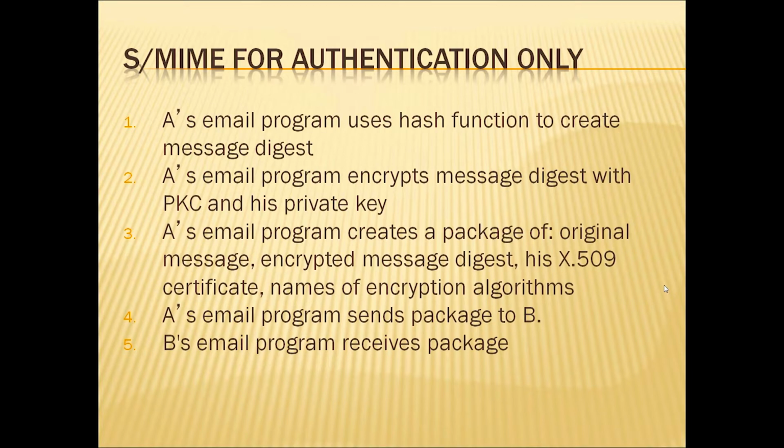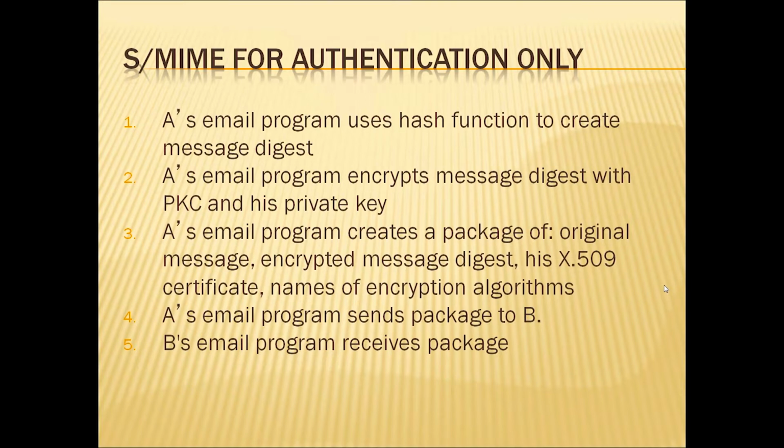A's email program creates a package, the original message. Here it is for authentication only, we have not combined both till now. That was for secrecy, confidentiality, and this is for authentication. So, plain text message, original message, encrypted message digest, the certificate and the names of the encryption algorithms.